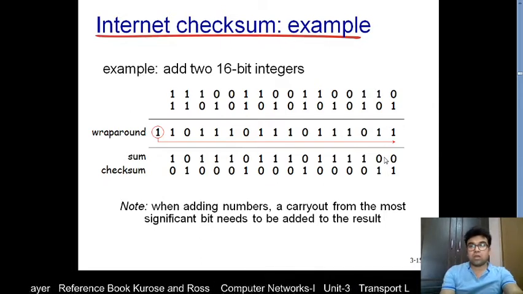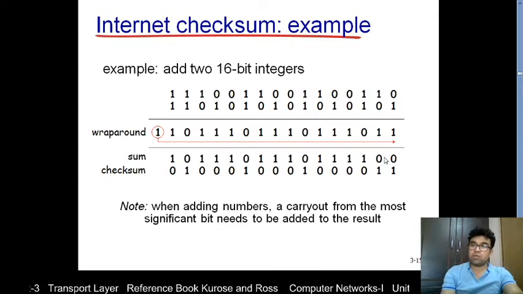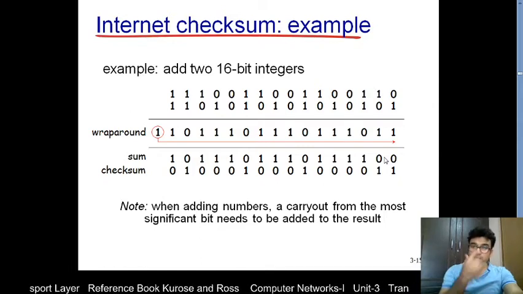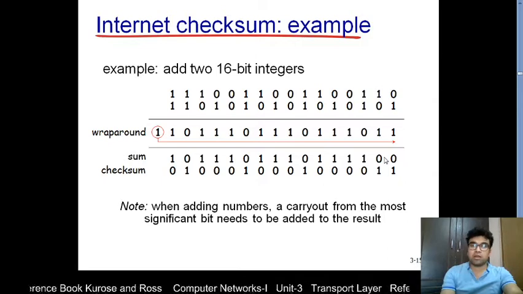Once your DNS query along with the checksum field is ready, and it reaches the destination, at the destination, again, for checking the bit errors in the UDP segment, you need to again break the complete UDP segment into 16 bit words.